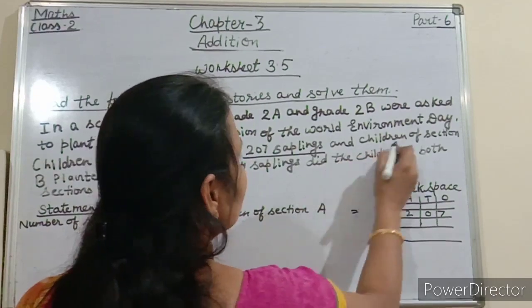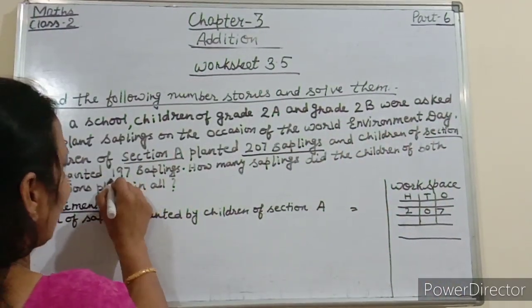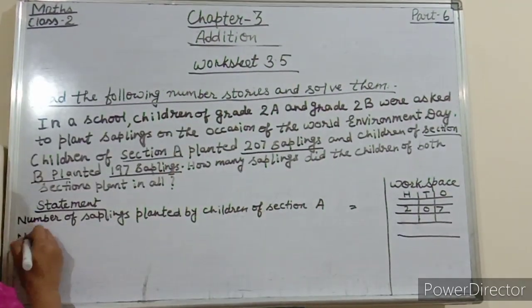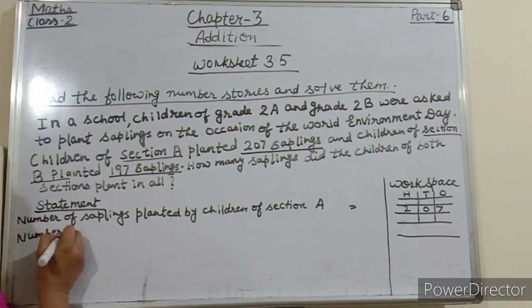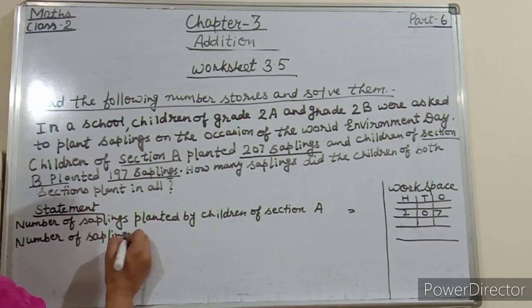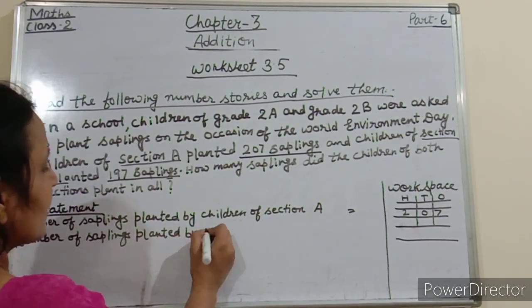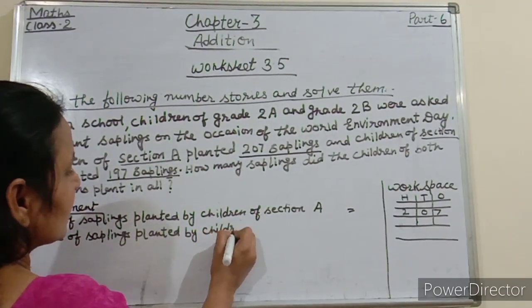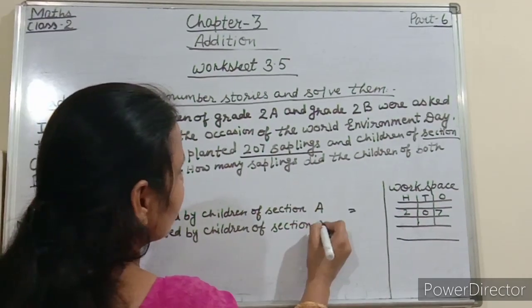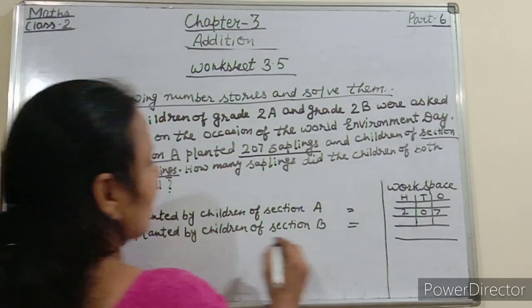And children of section B planted 197 saplings. So write again: number of saplings planted by children of section B is equal to 197.